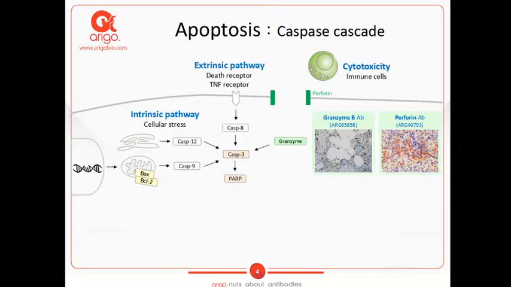So the expression level would be increased, and the increased expression could be detected by granzyme B and perforin antibody staining. Please keep in mind that cytotoxicity induces apoptosis through the release of granzyme. I'll talk about this later.